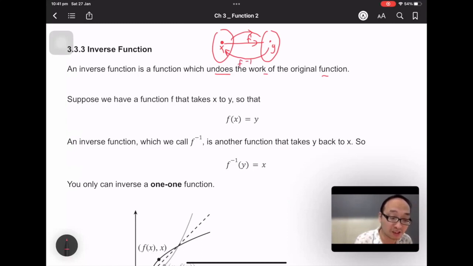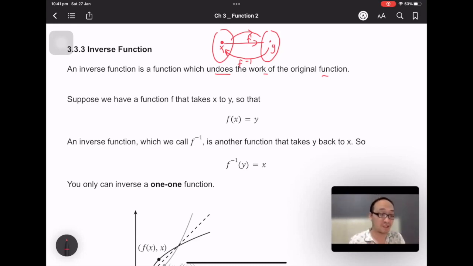It's like if fx is mapping from x to y, the inverse function is asking the original value of the y. So what is the value of x for the values of y? It's like a reverse process.